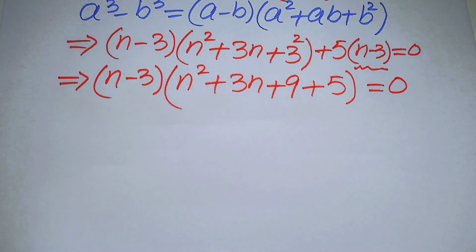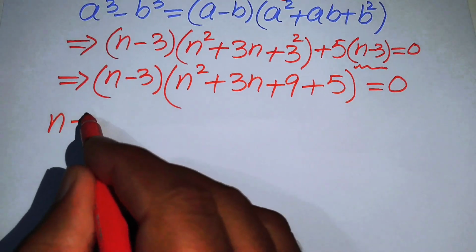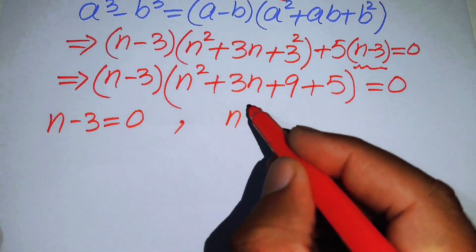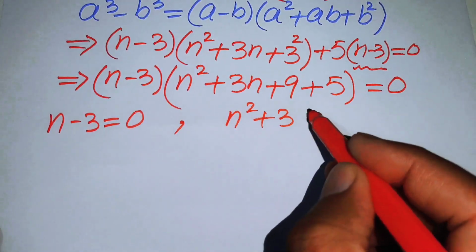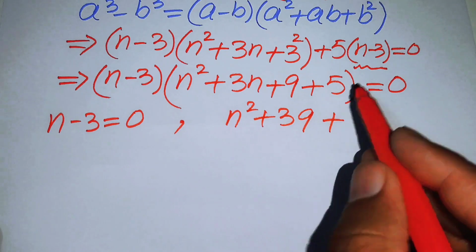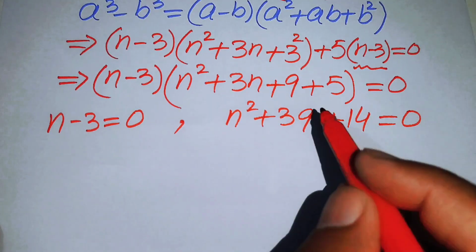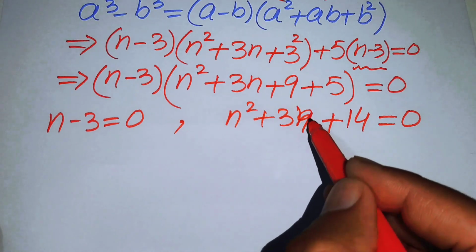And now here we have two cases. The first case is n minus 3 is equal to 0, and the other case is n square plus 3n plus 9 plus 5, which is 14, and this whole is equal to 0. Sorry, this is the 3n.